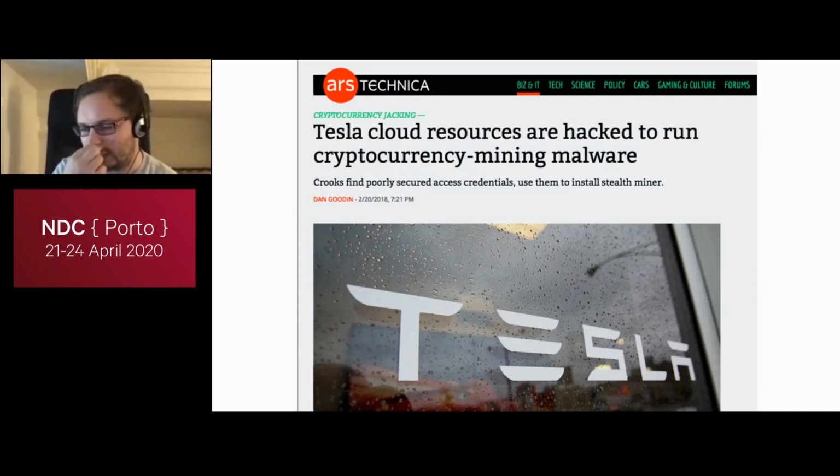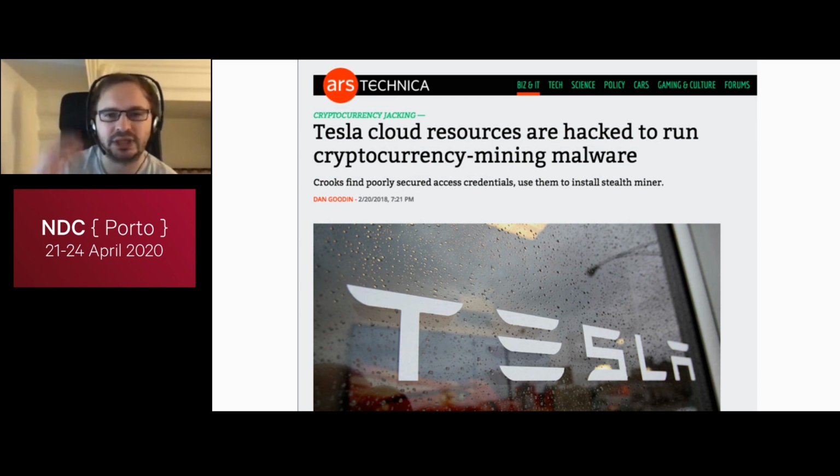But it's not just hosted services which are prone to attacks. We saw a couple of years ago Tesla being exploited and having cryptocurrency mining run on their Kubernetes cluster. The attackers managed to find S3 secret keys to access buckets, etc. And this was all because they accidentally left their Kubernetes dashboard open to the public.